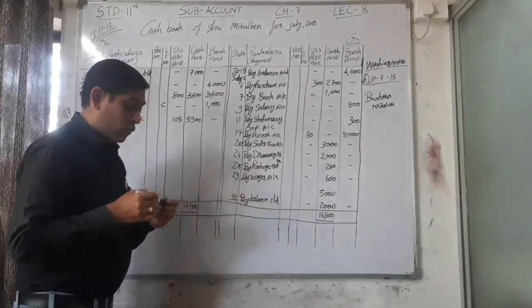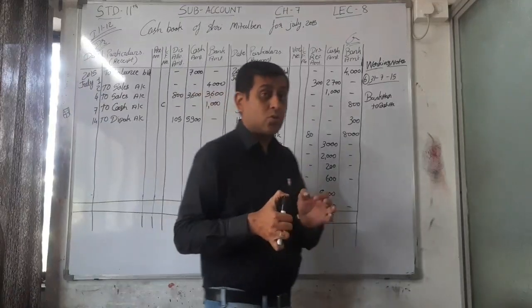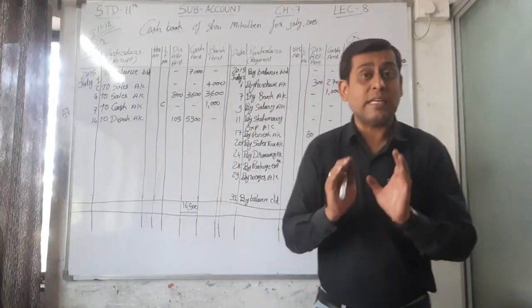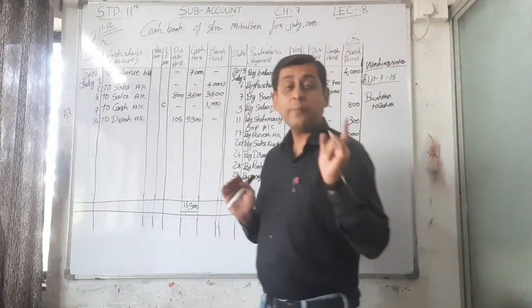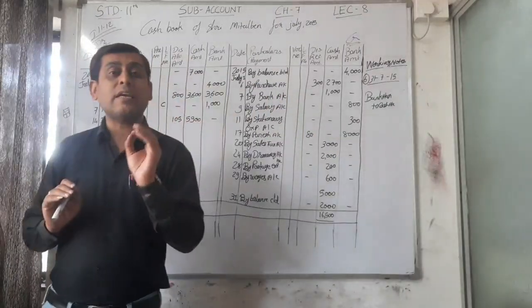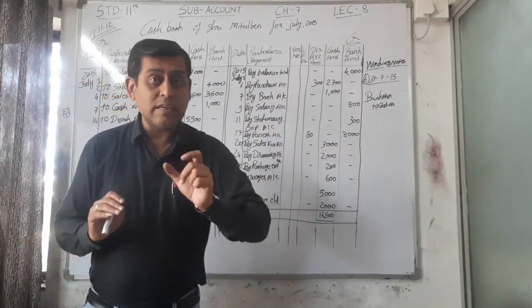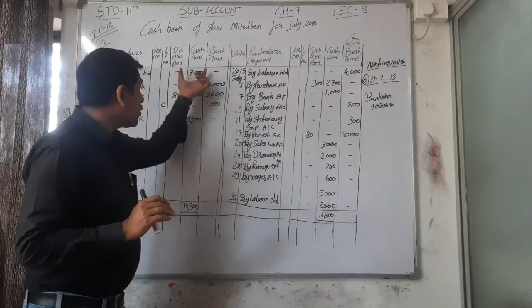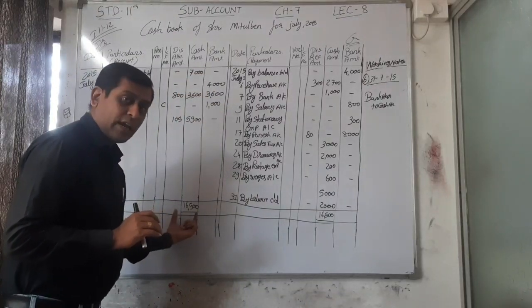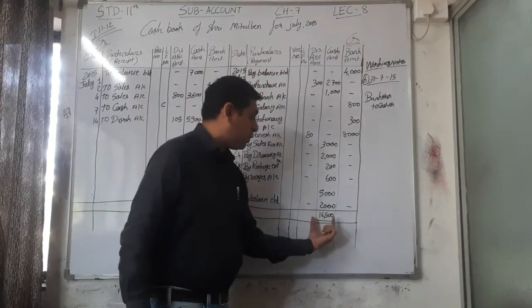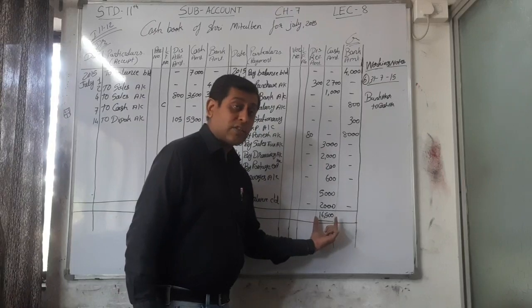So first, what is the process of recording this transaction? Please concentrate here. First of all, after keeping cash on hand, the wording indicates that you have to make the total on the debit side of the cash column and write down that total on the credit side.